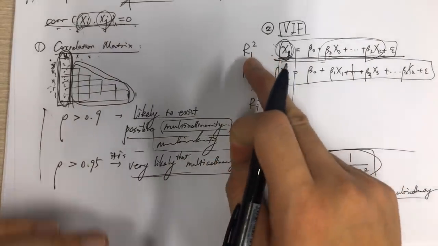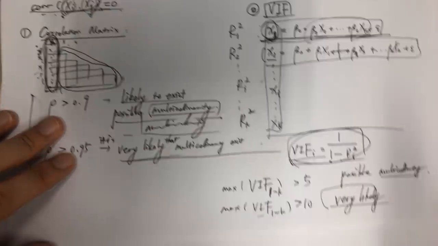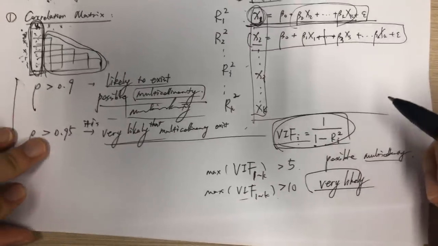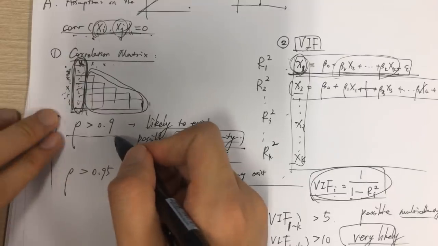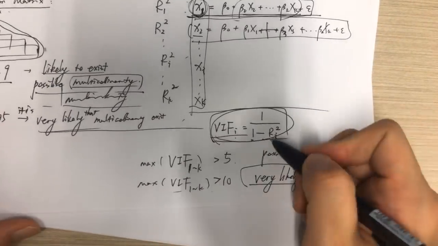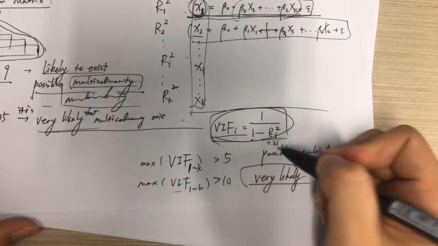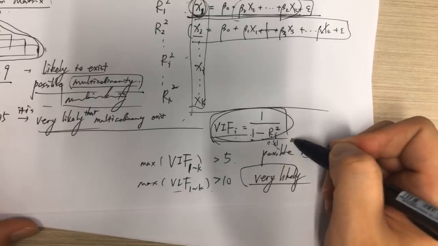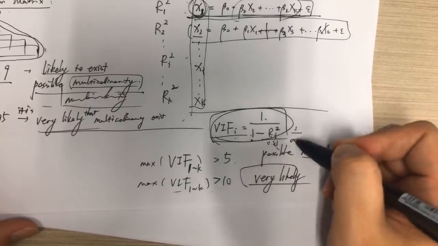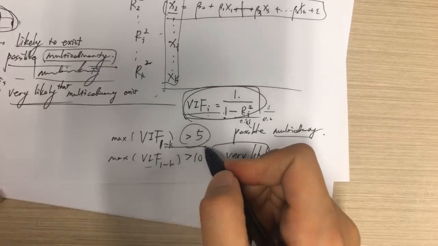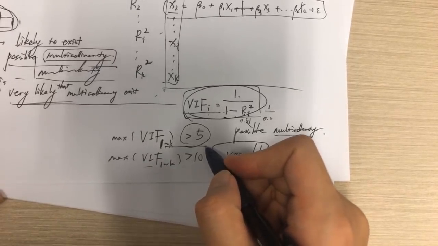Okay, so they are actually two equivalent methods because R, as I said, can be considered as correlation, right? Therefore, if the correlation is greater than 0.9, you can see 0.9 squared is 0.81. So 1 minus 0.8 is 0.2, 1 over 0.2 is 5, right? So if correlation is greater than 0.9, then the VIF tends to be greater than 5.